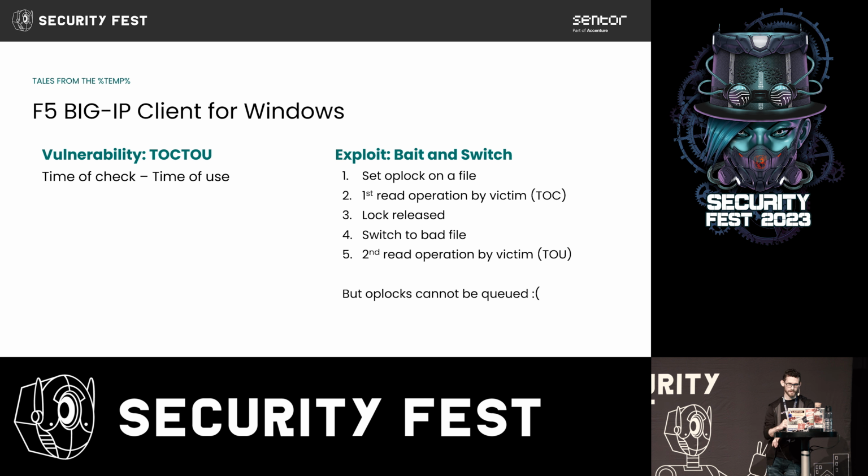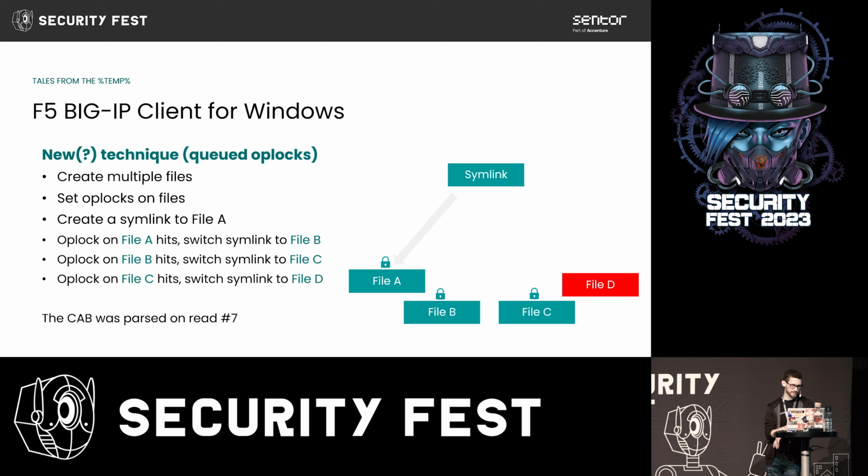So if I have an oplock and two different threads are reading it, the execution of both threads will continue when I release the lock. So I had to find a way to get around this.